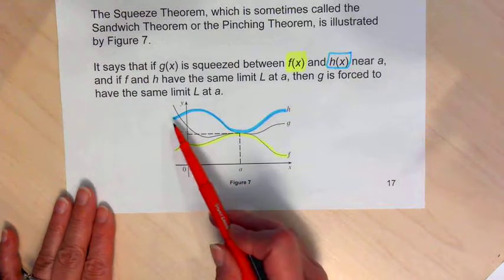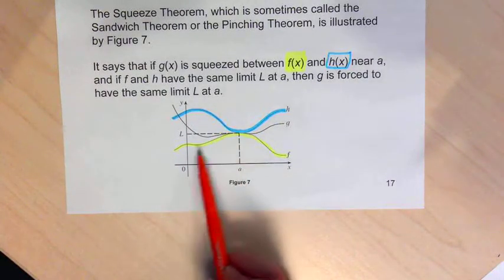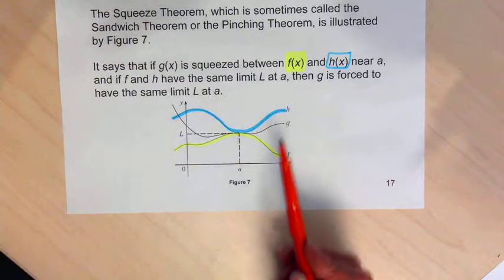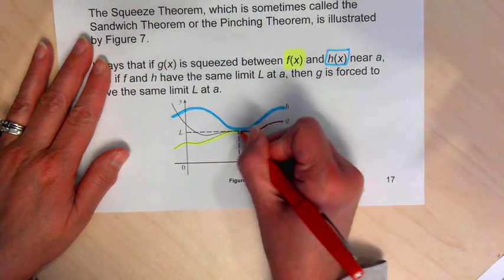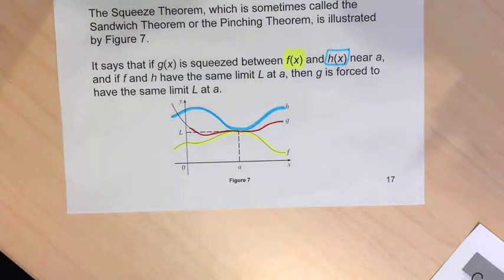If h is the blue and f is the yellow, notice that g function, I'll highlight it in red, is sandwiched in between f and h, at least on this interval.